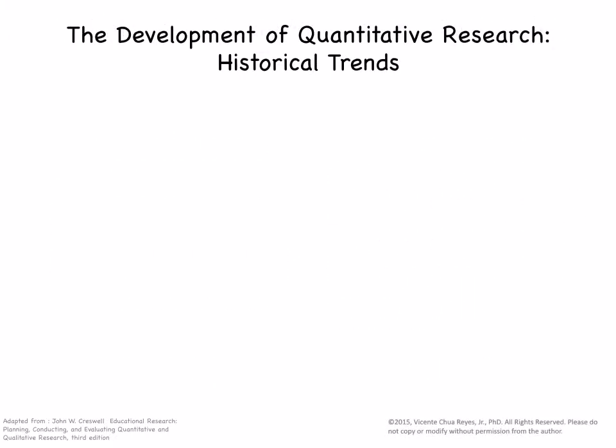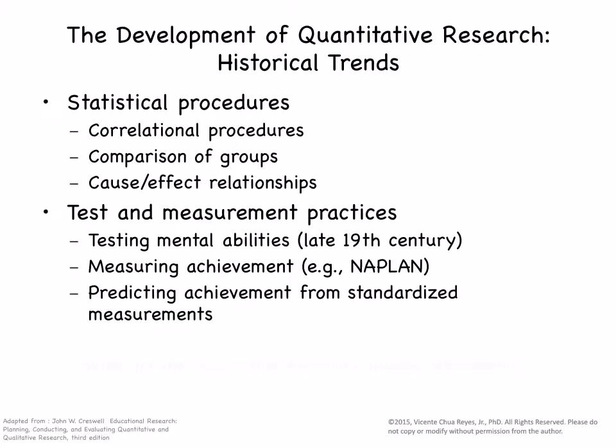The development of quantitative research can best be seen by taking a look at historical trends. When we take a look at the history of quantitative research, we can detect two big movements that have determined it. First would be the emergence of statistical procedures, and the other one would be the proliferation of test and measurement practices.